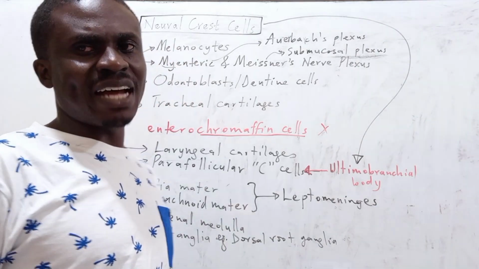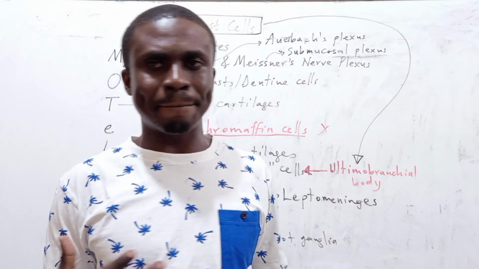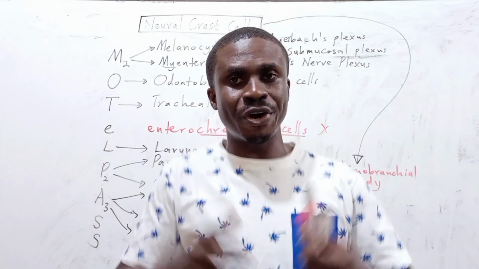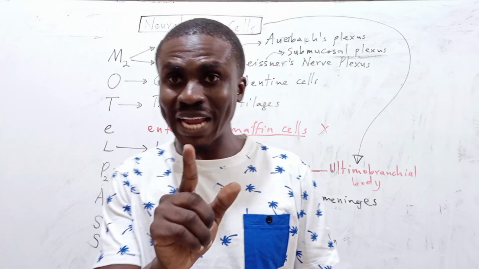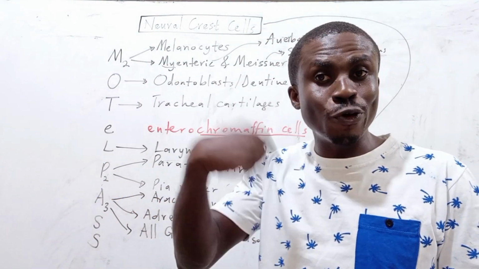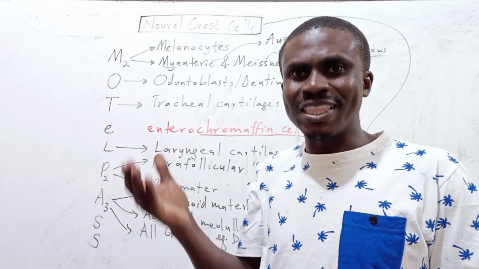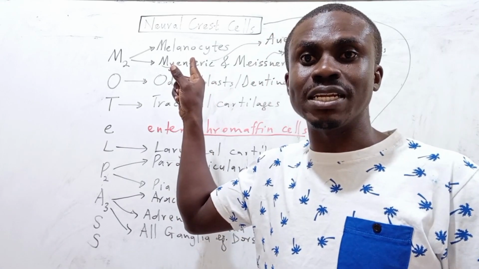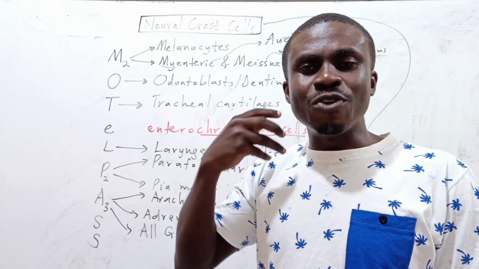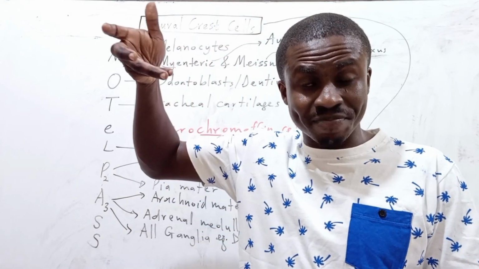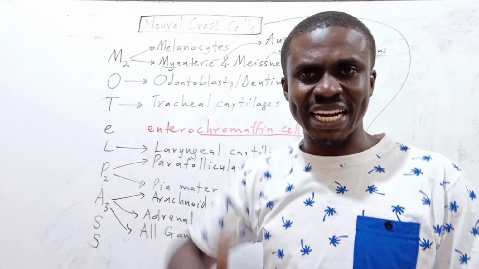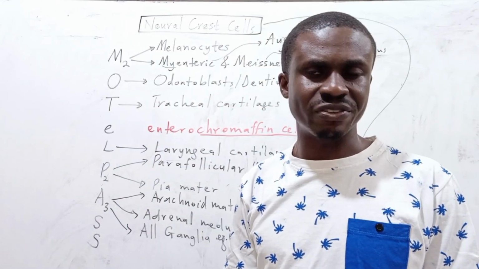Don't forget that in the dorsal root ganglia, we have pseudo unipolar neurons, or simply unipolar neurons. That is why don't be surprised that in your exam you may see unipolar or pseudo unipolar neurons. Yes, they also arise from neural crest cells. The neural crest cells in the cranial region will form the sensory ganglia of some of the cranial nerves.